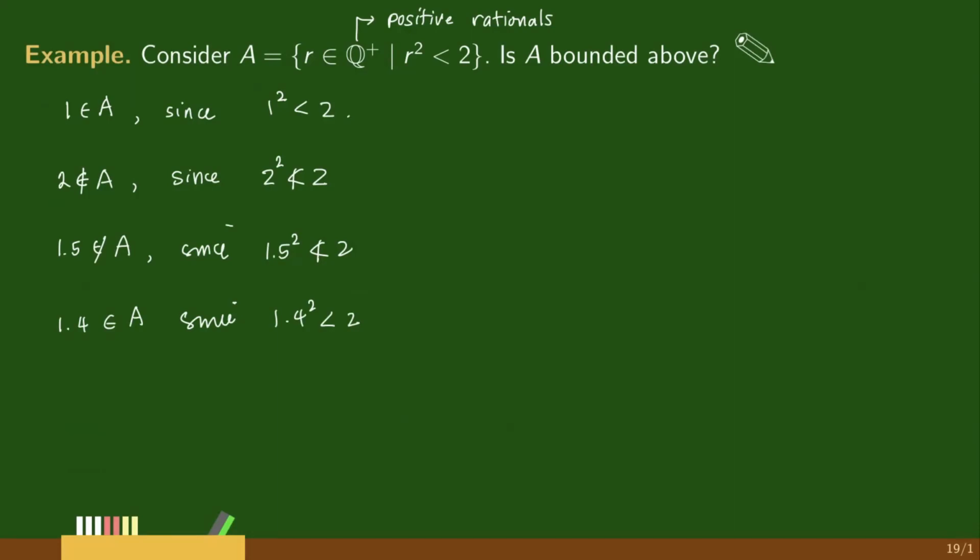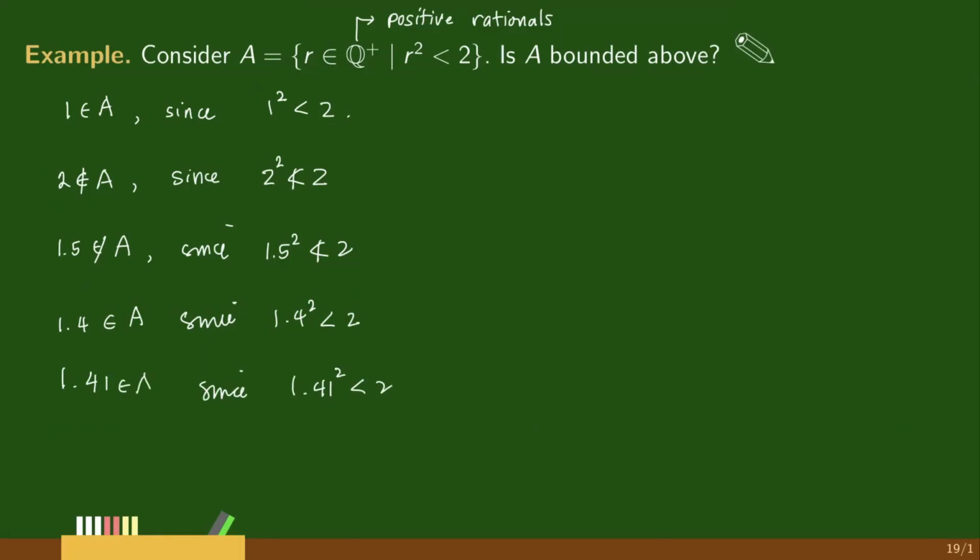So pasok tayo sa A. Kumanan tayo ng konti, pero hindi too much para umabot ka ng 1.5, kasi pag umabot ka ng 1.5, wala ka na sa A. So try natin 1.41. Ang 1.41 ba element ng A? Can you take the square? Ano yung 1.41 squared? Pasok, 1.9881.